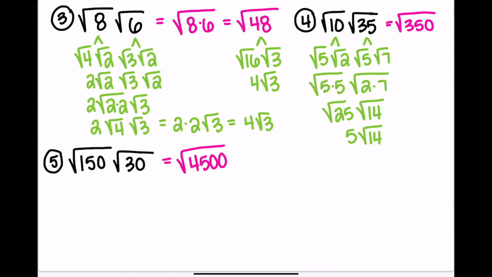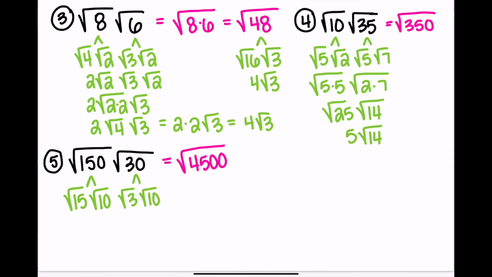It's going to take us a while to figure out the greatest perfect square that goes into that. So let's start by breaking this down. So we know that this would be the square root of 15 times square root of 10. That's just two easy factors. It's a starting point. So here, let's think of some numbers that go into 30. We could pick 6 and 5, or we could pick 3 and 10 since I already have a square root of 10.